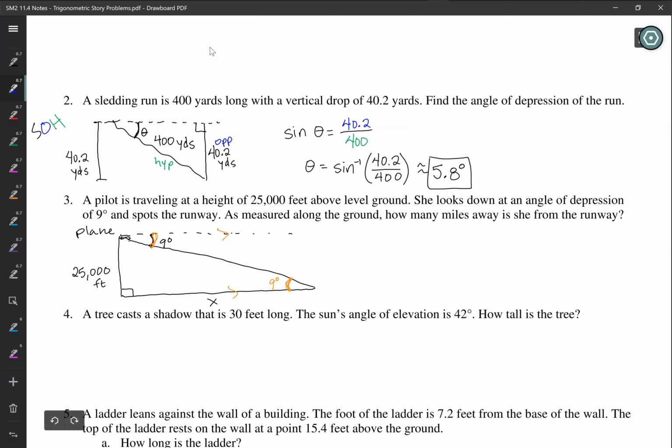So if I'm looking at the 9-degree angle down here, the 25,000 would be opposite, and the X is right next to that angle, and it's not the hypotenuse, so it is adjacent. Opposite and adjacent, that's TOA.